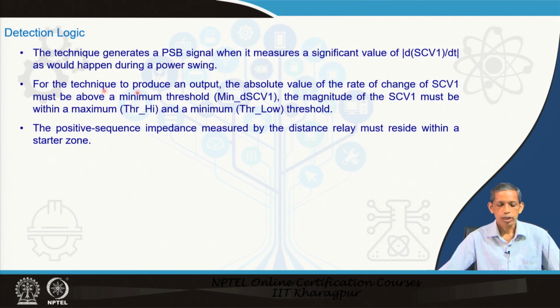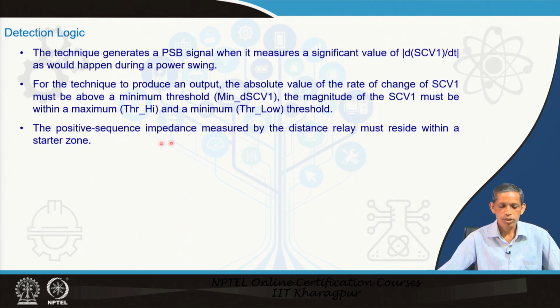For the technique to produce an output, the absolute value of the rate of change of SCV1 must be significant. We have to ensure that the SCV value is good, which assures that a swing is passing through, and the rate of change of voltage must be above a minimum threshold. The magnitude of SCV must be within a maximum and minimum limit.